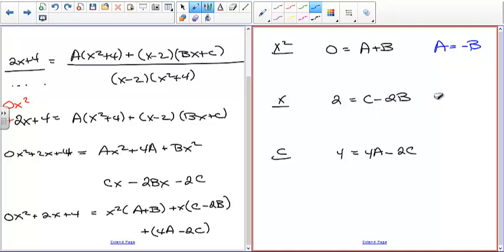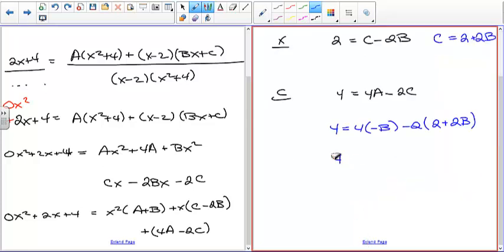Here we're going to solve for c. If we take negative 2b over to the other side, it becomes plus 2b. So we're just rearranging these, solving for a and for c, both in terms of b. Now we can plug it into the third equation. So we have 4 equals 4 times a, which is negative b, minus 2 times c, which is 2 plus 2b.